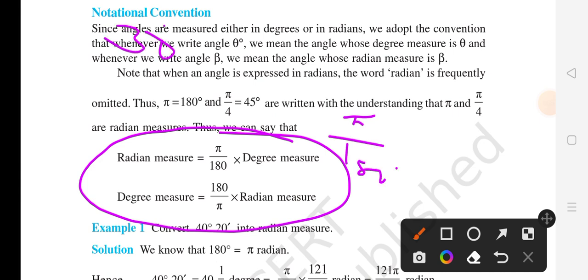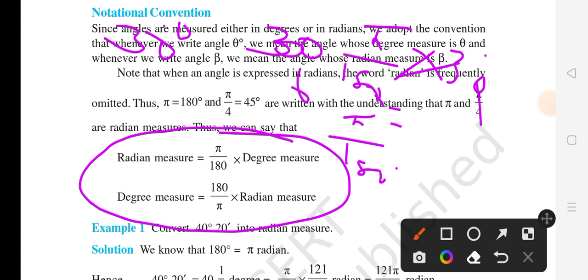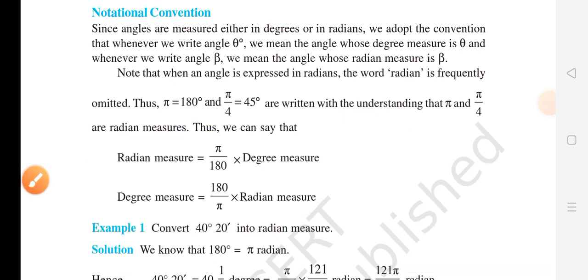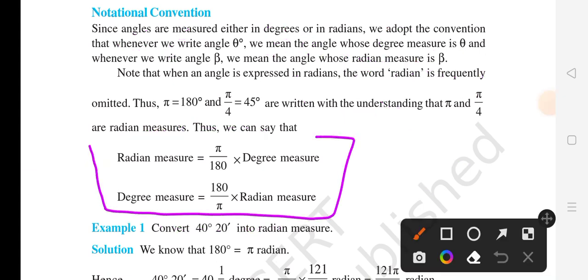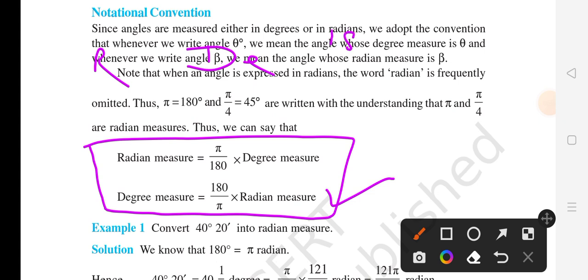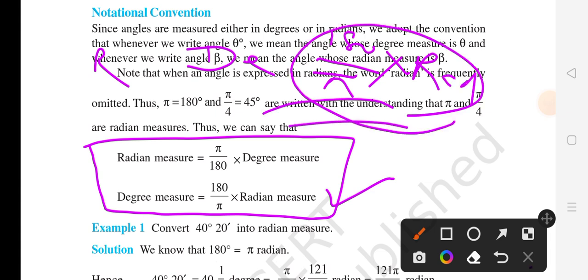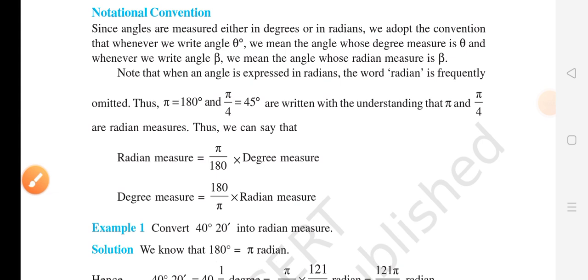Suppose you have to convert 30 degree into radian: pi by 180 into 30 degree gives pi by 6 radian. If a radian measure is given and you have to convert it into degree measure, use the second formula: multiply the radian measure by 180 by pi. With these two formulas you can convert radian into degree and degree into radian. A simple formula, you can learn.